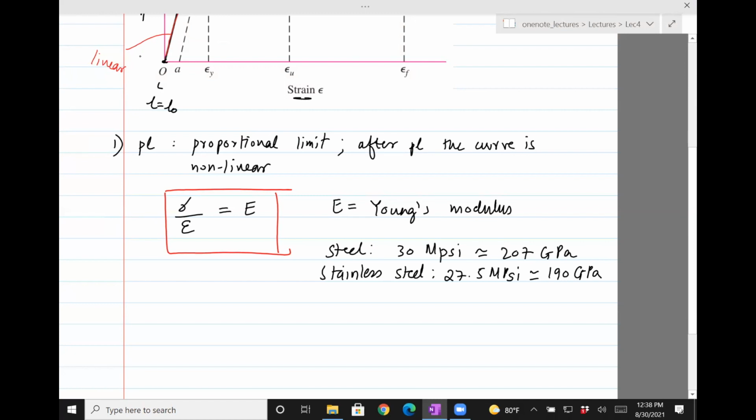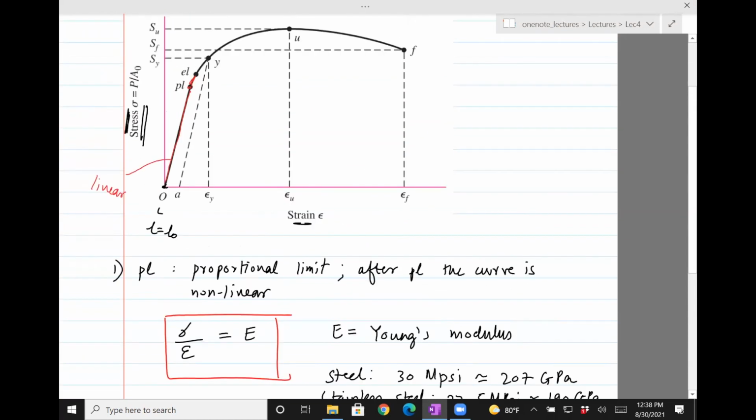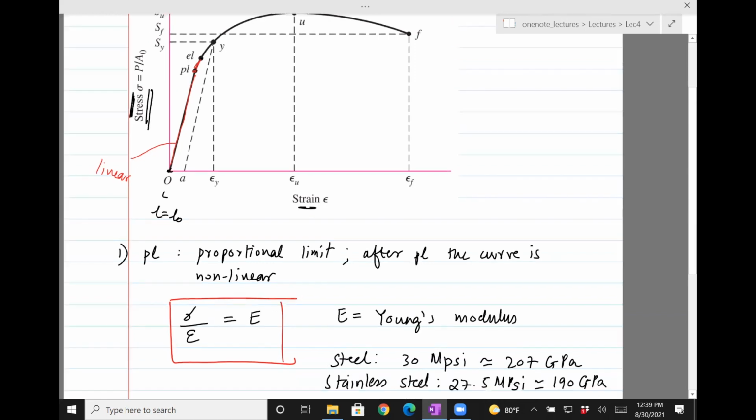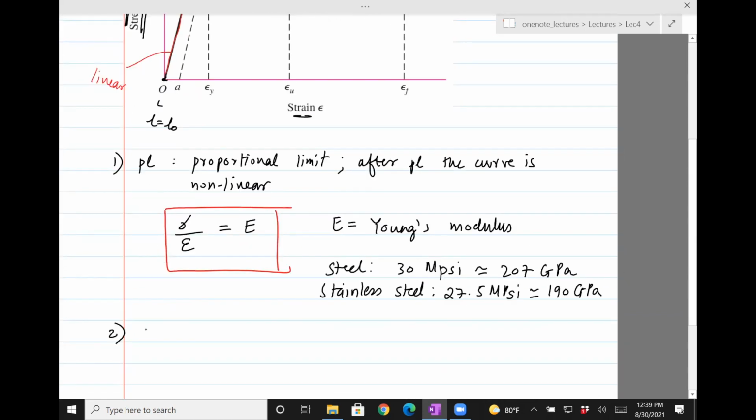Okay, so once we're at the PL, then there's a point called EL, which I've shown here. It's the elastic limit. At this point, actually after this point, the material starts becoming plastic. What I mean by that is the moment you let go of the force, it doesn't spring back to its original length. It will deform permanently. So the second point is EL, the elastic limit.